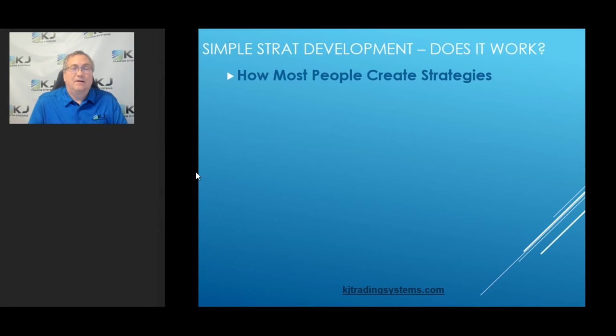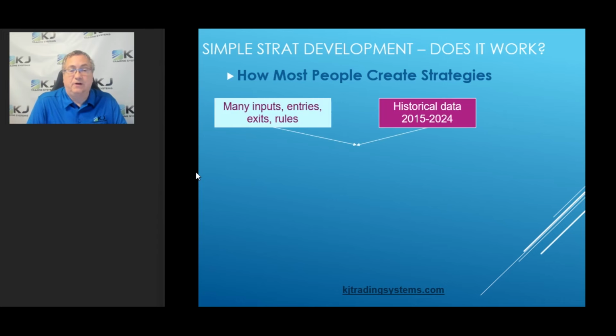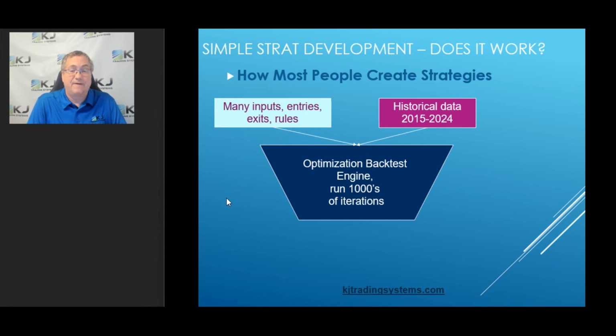And before I get into the entry that I want to talk about today, I just want to tell you how most people develop algo strategies and what's wrong with it. What most people do is they take all their inputs, all their exits, all their rules, filters, whatever, and throw it in this blender with all the historical data that they have and optimize the heck out of it.